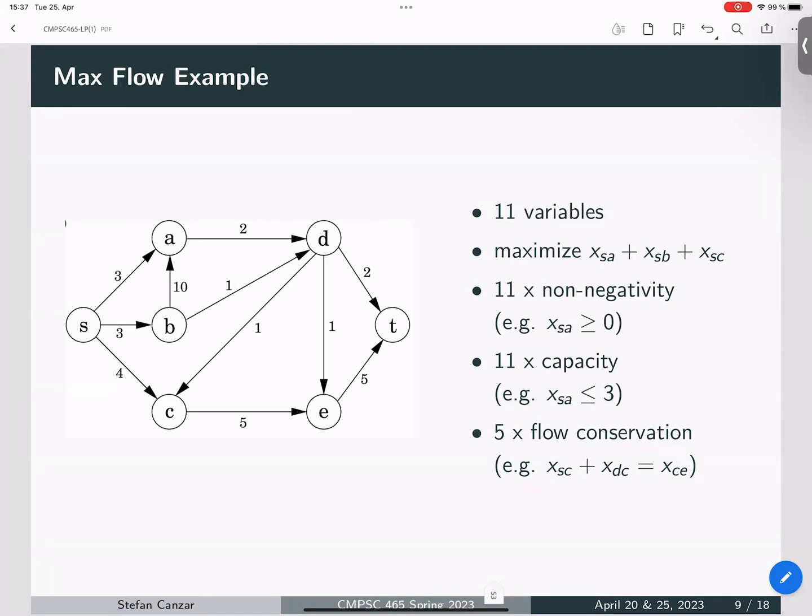This is all we need, and we then feed it into a so-called LP solver. So some software packages that typically implement some variants of the simplex algorithm. And they will give you a solution to this problem in no time, really, and tell you that the optimal solution, therefore the optimal flow in this network is equal to 7.